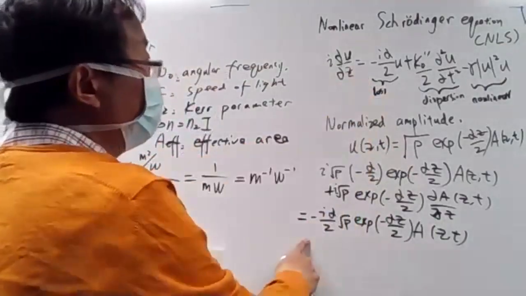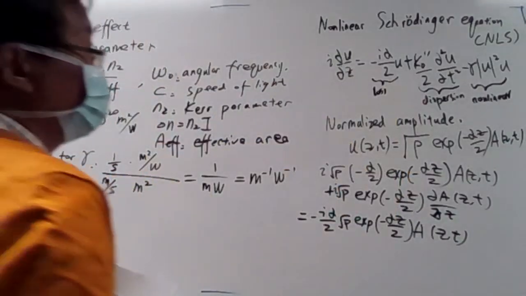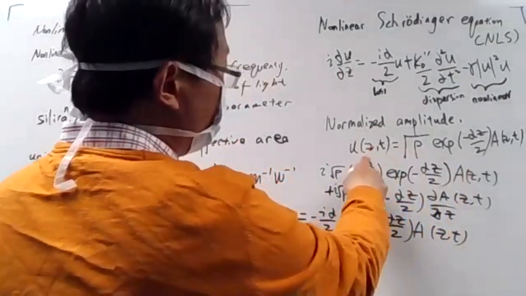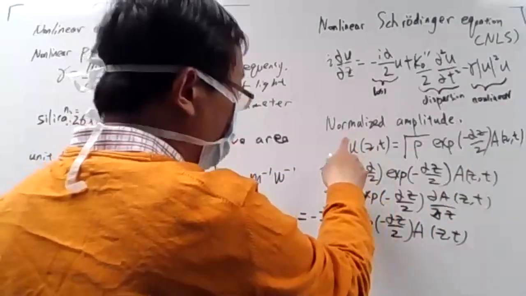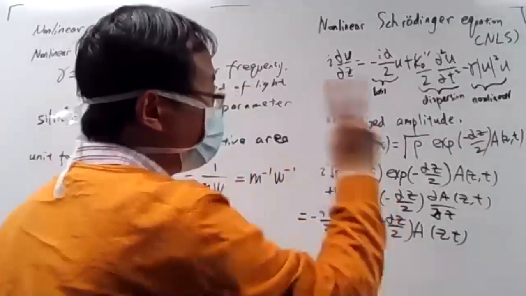The last term. Okay, then we add the dispersion, with respect to t, right? So we normalize the amplitude, we take a partial derivative with respect to t, second derivative.